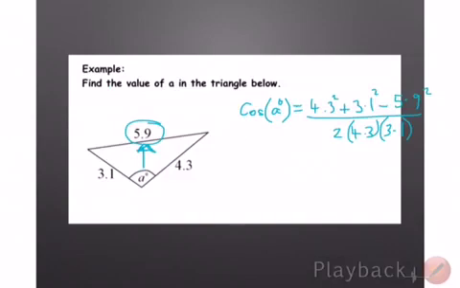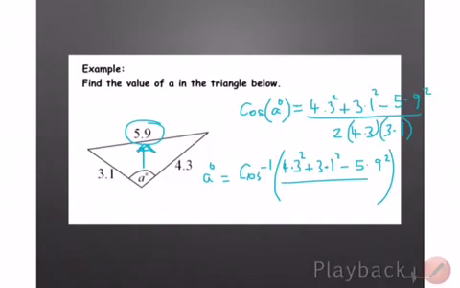Because I'm trying to find the angle, I have to use the inverse of that, so it's the cos negative 1 of everything in the fraction. So a degrees is equal to the cos negative 1 of 4.3 squared plus 3.1 squared minus 5.9 squared all over 2 times 4.3 times 3.1. You could put the first part in your calculator first and then enter the rest, but I tend to do it as one step in the calculator, so whatever you want to do.